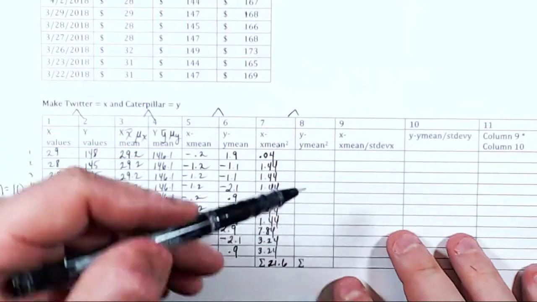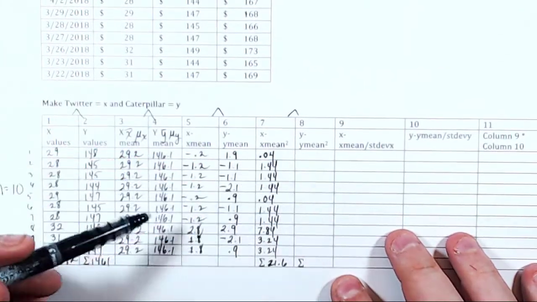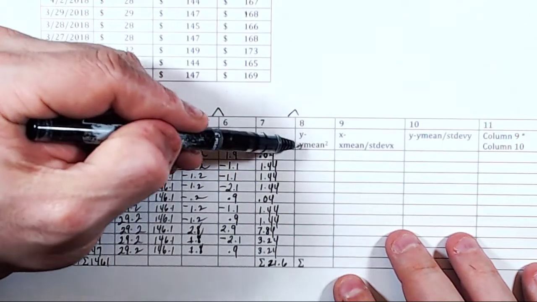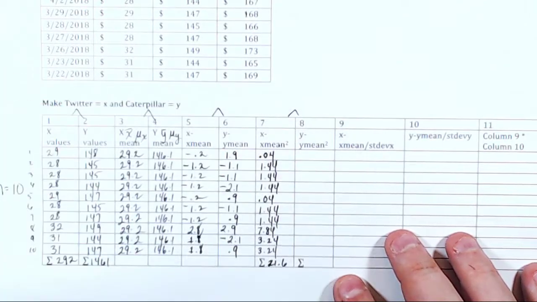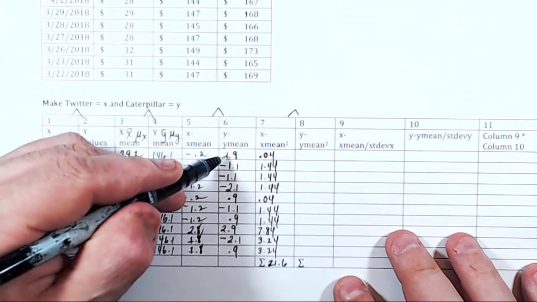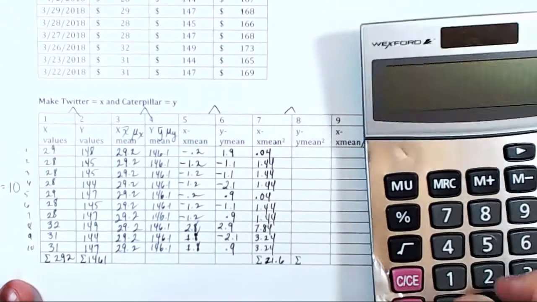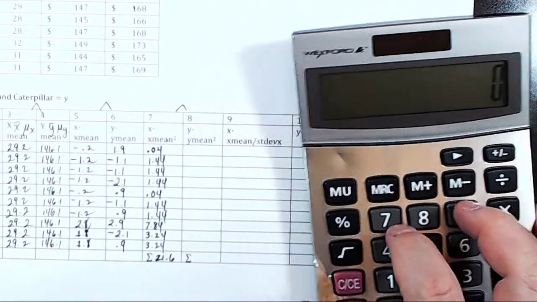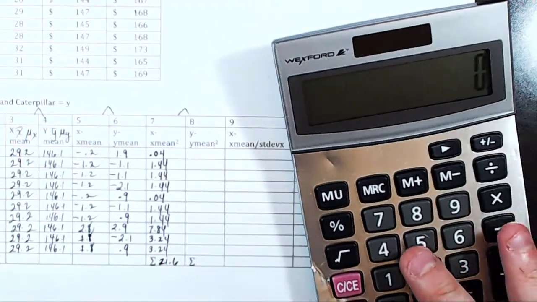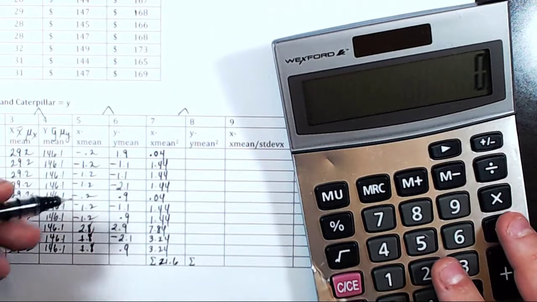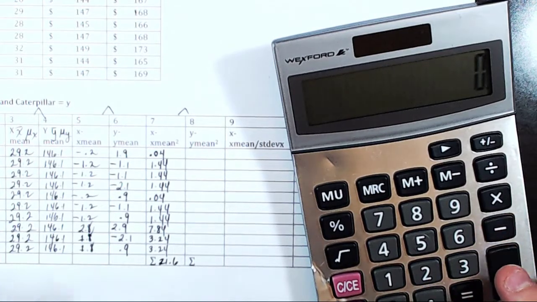Well, good enough. So now we're just going to do the same thing for the y values. This says y minus y mean squared. So in column 6, I'm just going to square all the numbers. I'm going to run through this relatively quickly, and I'm not going to put the negative signs because when I square a negative number, it becomes positive.